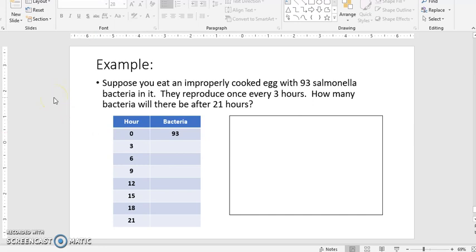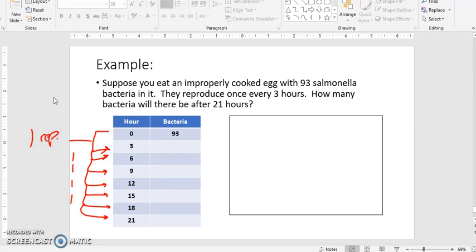So I'm going to walk over to the board, so my voice might get a little quiet here. But really, the idea is that from 0 hours to 3 hours, this is one reproduction. One time that the cells are reproducing. And then from 3 hours to 6 hours, that's another one time that they're reproducing. From 6 to 9, from 9 to 12, from 12 to 15, and then to 18 and 21.